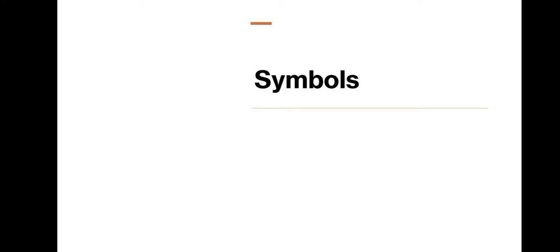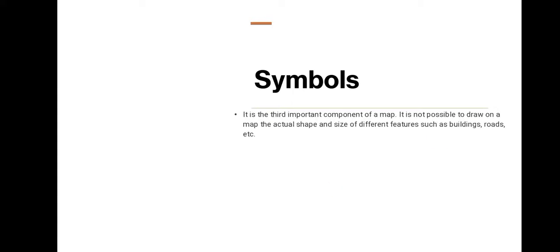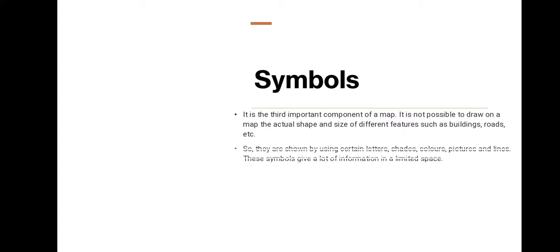Next is symbols. It is the third important component of a map. It is not possible to draw on a map the actual shape and size of different features such as buildings, roads, etc. So, they are shown by using certain letters, shades, colors, pictures, and lines.